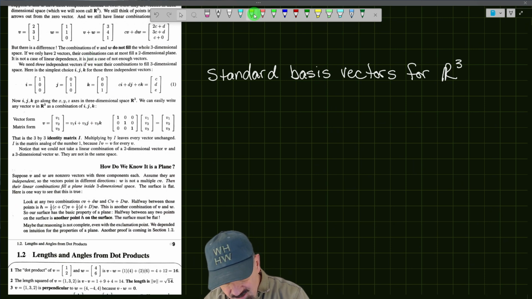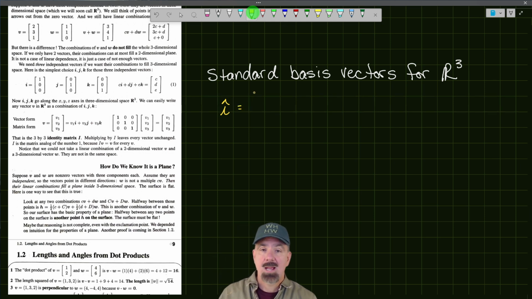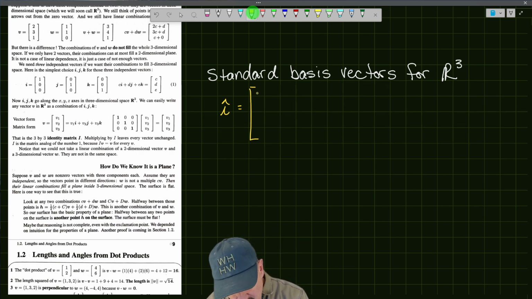So the standard basis vectors that you're accustomed to are i hat. By the way, Professor Strang does not put hats over his unit vectors. He just wants you to recognize them in context. I will try to put hats over all of the unit vectors just to differentiate them from vectors that are perhaps not unit vectors. So i hat you're familiar with. This is just 1, 0, 0.